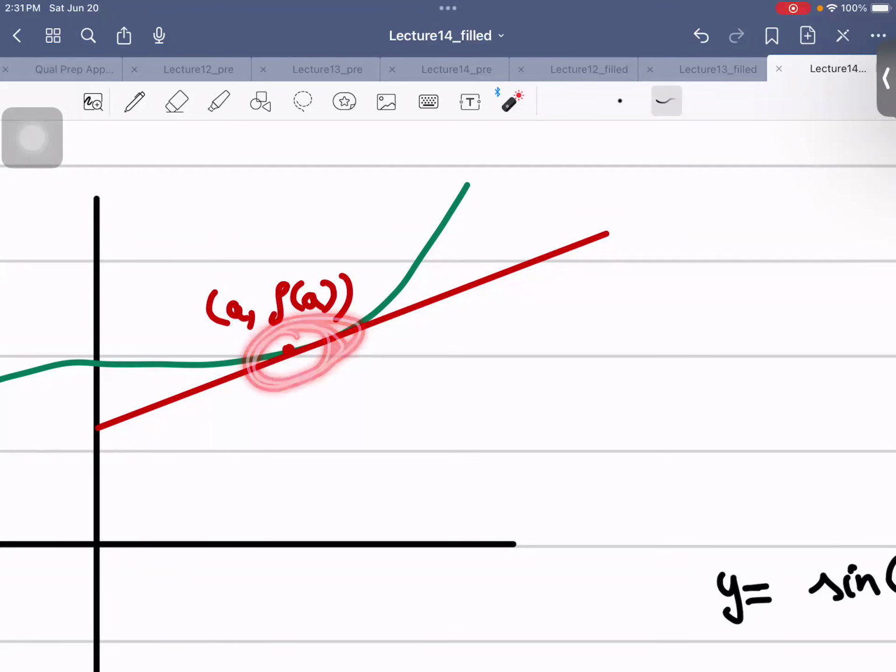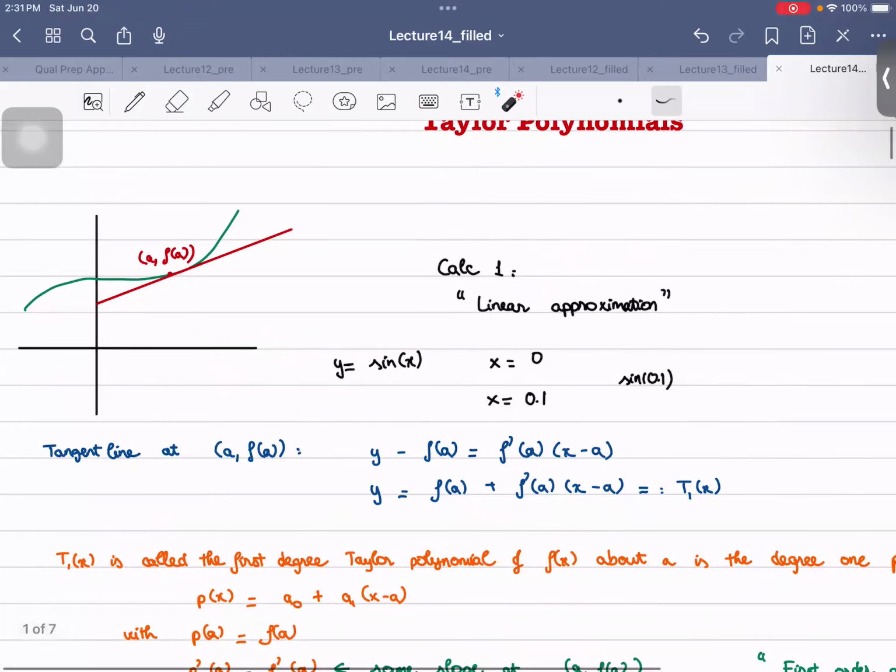So if you want to compute the output of the green curve around the point where you place the tangent line, you can use the output of the red line as the approximation. So that's why you need the function approximation. This is just one of the applications of the function approximation.